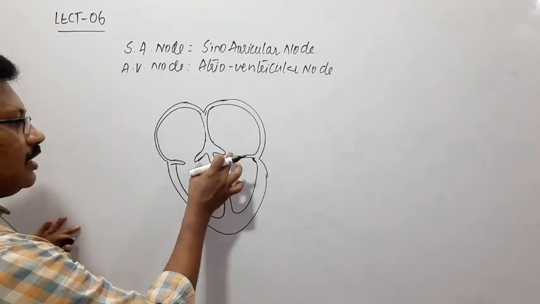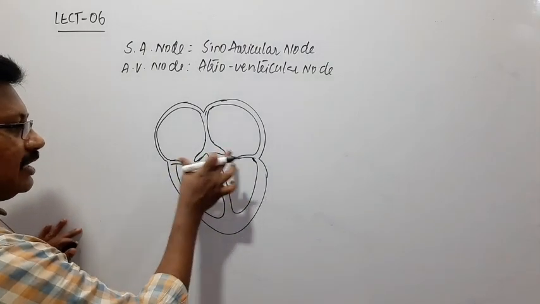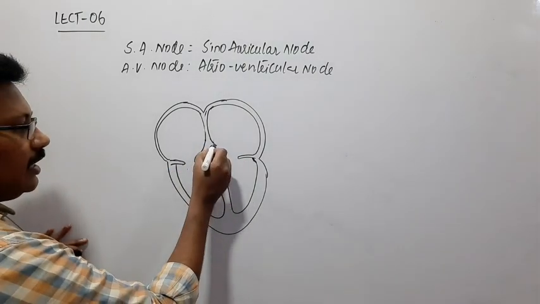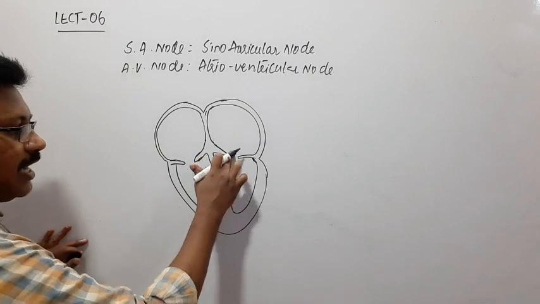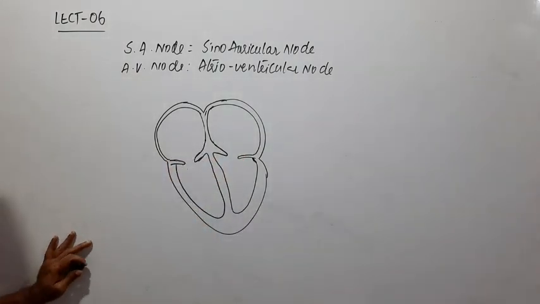So these are the valves which are present, the bicuspid and the tricuspid valves, and these are the openings actually, the atrioventricular apertures.